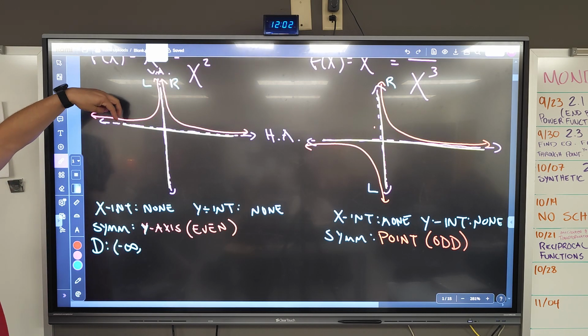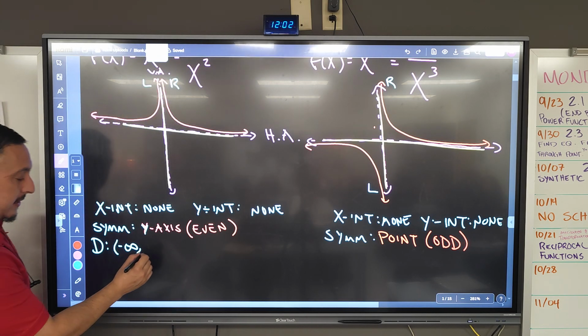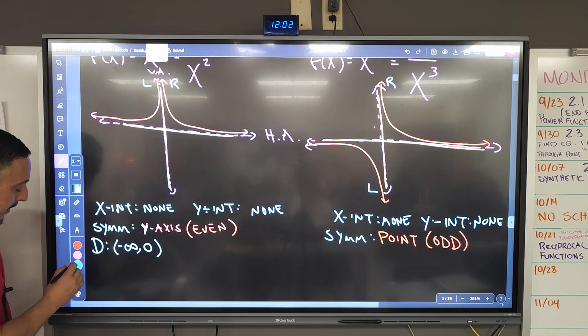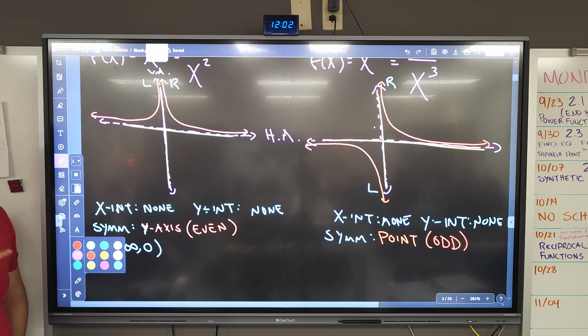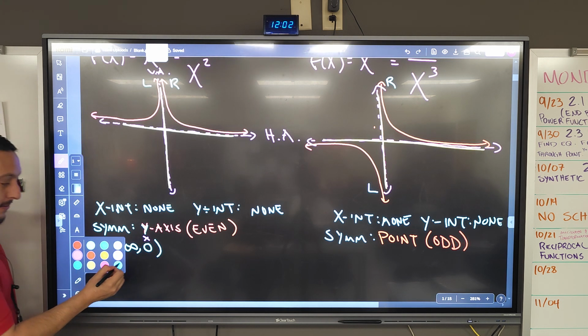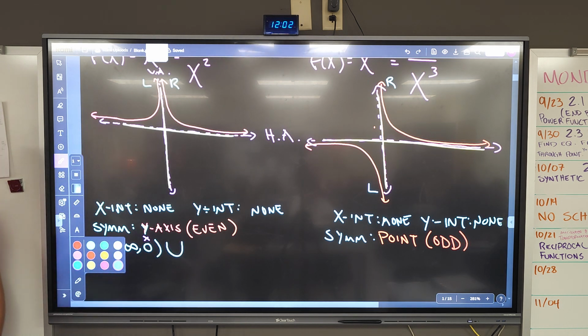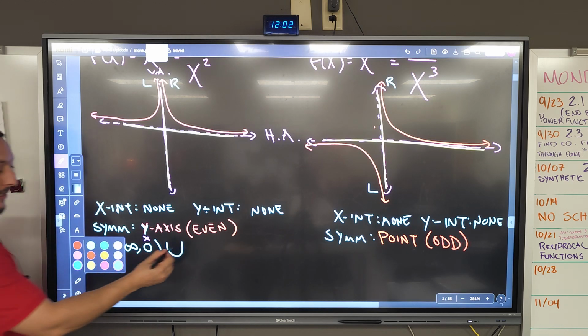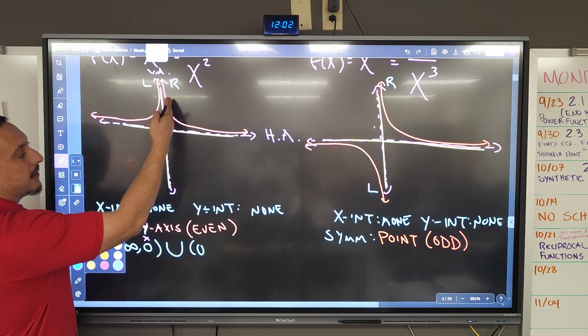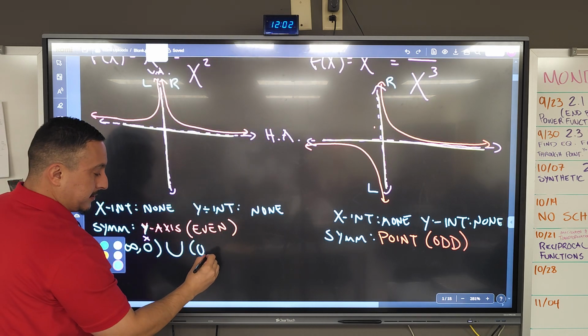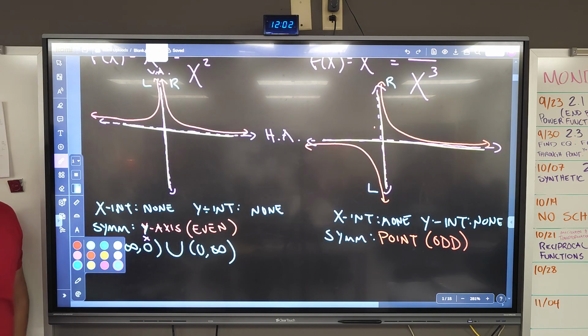So I'm walking, but there's a wall, so I have to jump over this wall. That zero, since it's the domain, is not the y zero. This is the x zero, just so you know the difference. I jump over the wall, and then I start back at zero and keep on walking forever, so to infinity. There's the domain.